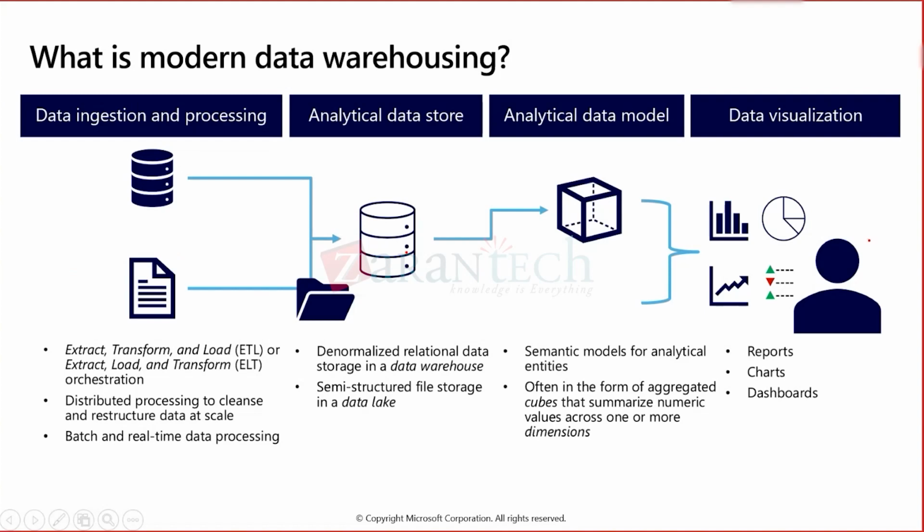Modern data warehousing solutions combine traditional conventional data warehousing, which is used to support business intelligence and typically involves copying data from a transactional data store into a relational database with a schema optimized for querying and building a multi-dimensional model.